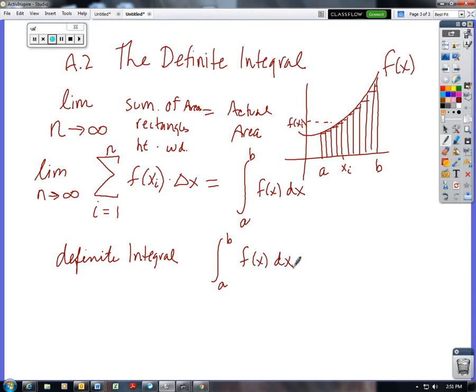And these things have names. The a is going to be the lower limit, because we're going from a to b. b is the upper limit. f of x is called the integrand. And x is the variable of integration.